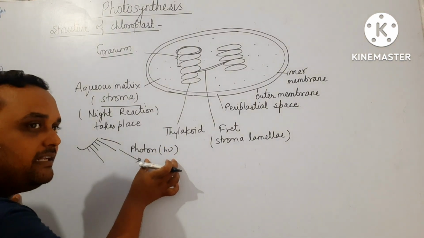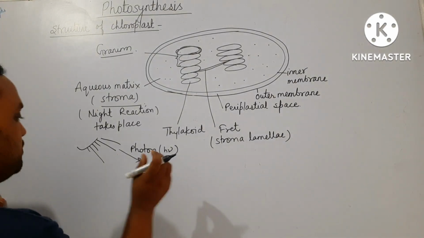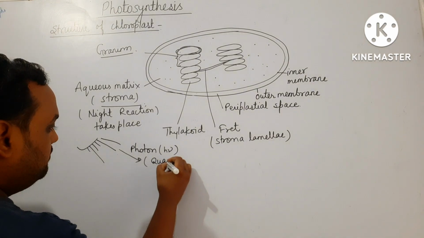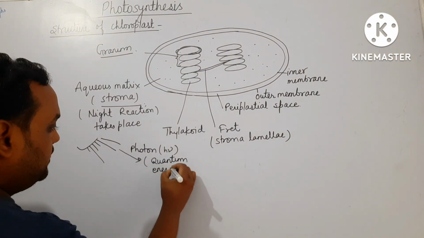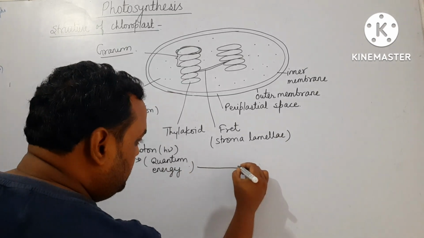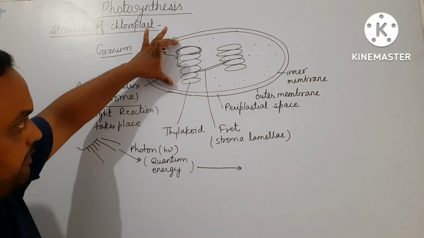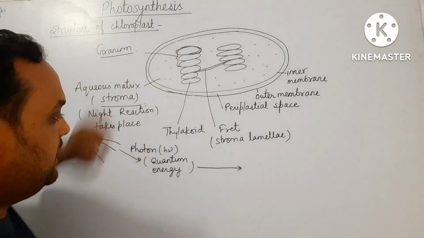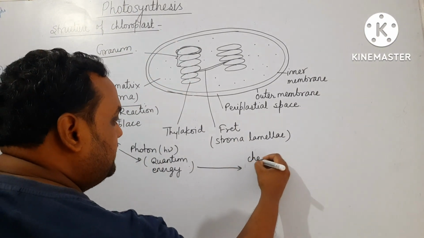It's a small energy packet, known as quantum energy. When the chemical reaction takes place with the help of chloroplast, the quantum energy will change into chemical energy.